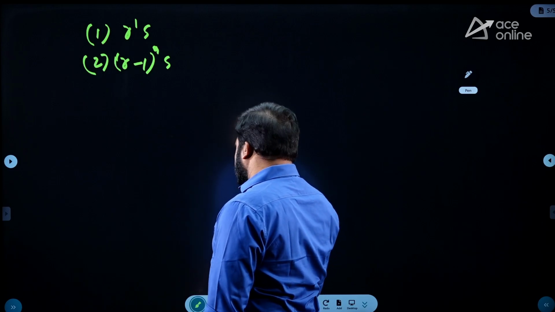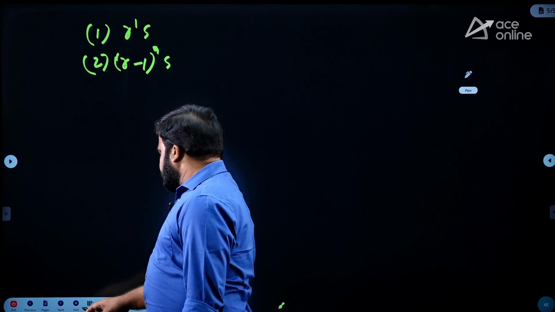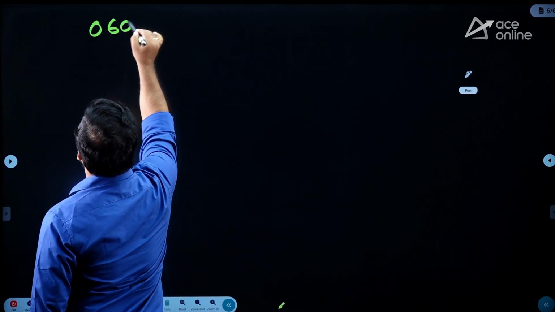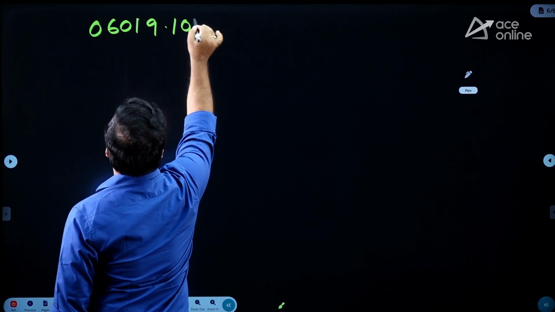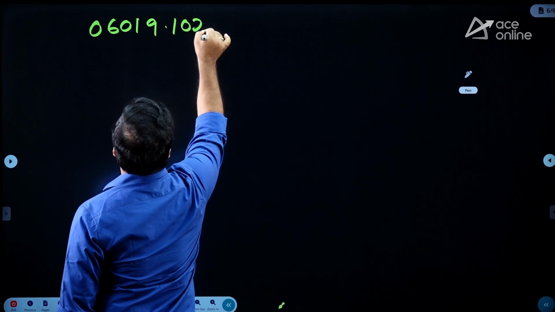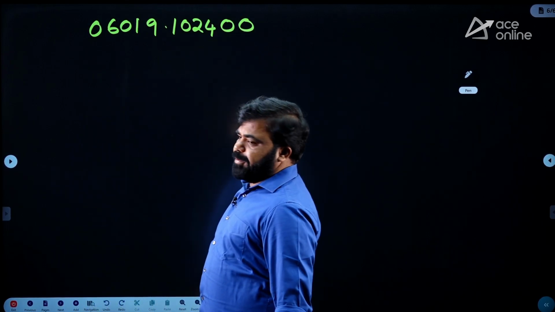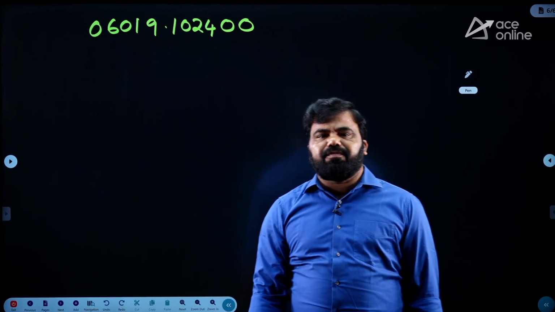Let me take a simple example. If this is the decimal number, I would like to calculate the 9's complement and 10's complement of this decimal number.